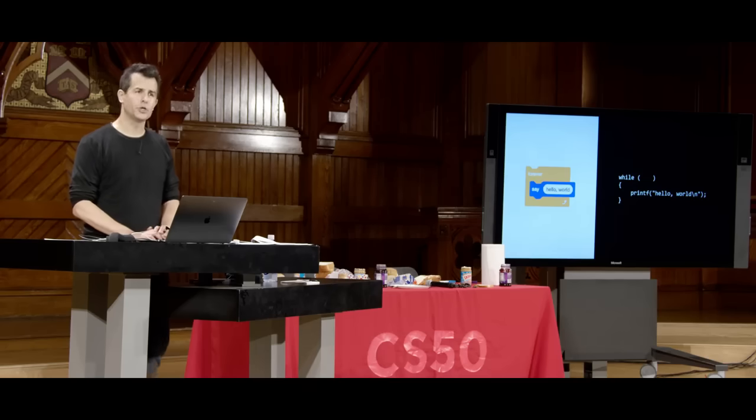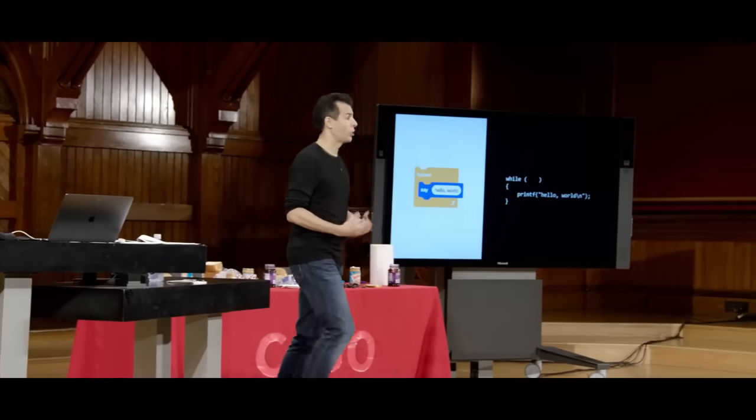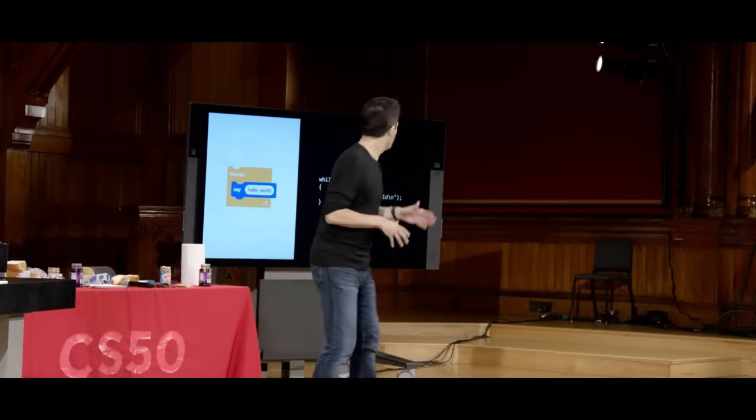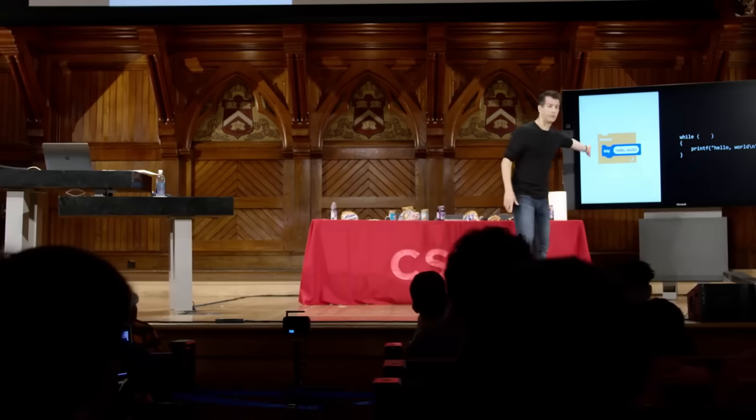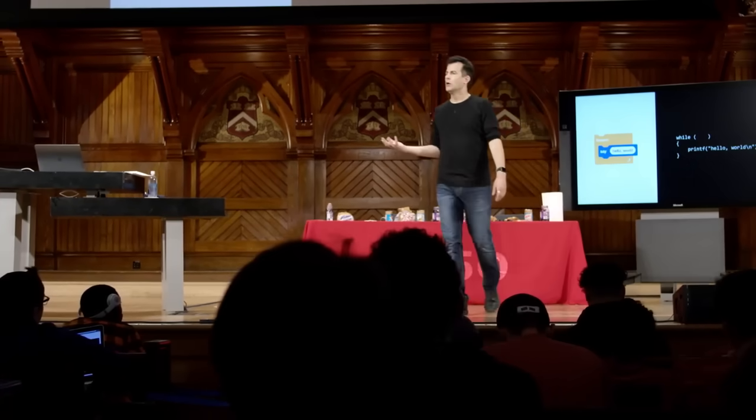So in C, you actually need a pair of parentheses after the keyword while, and then you need to ask a question. You need to ask a question like, is x less than y? Or a question like, is x greater than y? Or is x equal to y? But none of those scenarios apply, because the whole purpose of this Scratch block is literally to do something forever. So what's a question we could ask to which the answer is surely true?